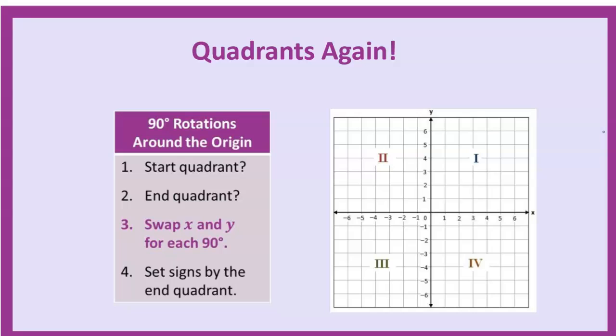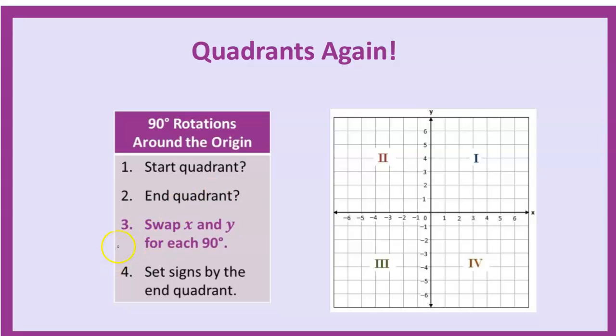So here are our steps. We're going to ask again, what quadrant do we start in? Then we figure out what quadrant we end in based on how many 90 degrees we have, how many steps. We swap the x and the y for each 90 degrees, and then we set the signs by the end quadrant.